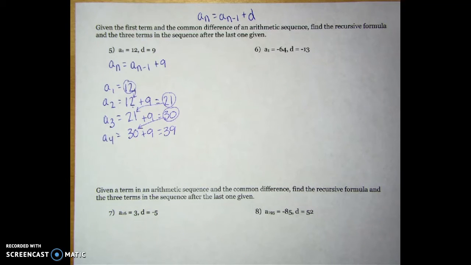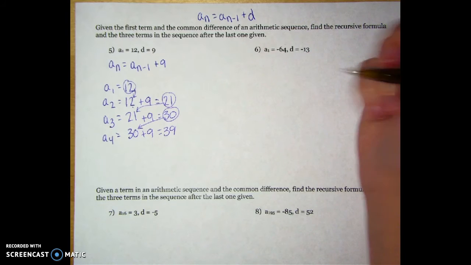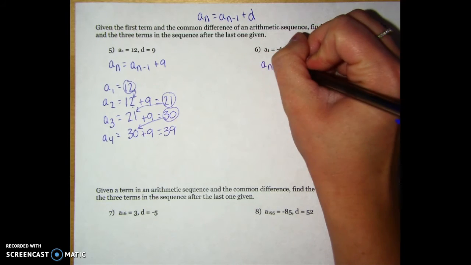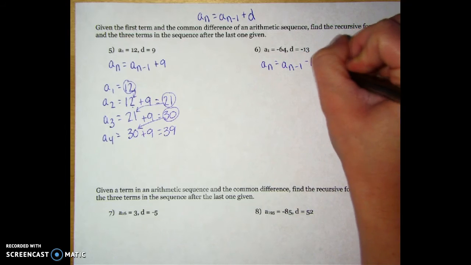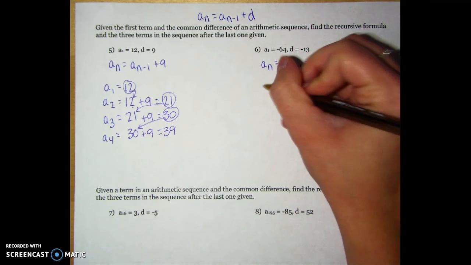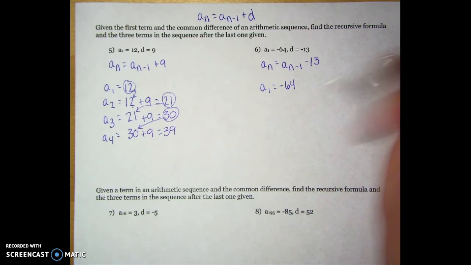Okay, you can go ahead and pause it now and try number 6 on your own. Hopefully, it's not too bad. Okay, the formula for this one should have been a sub n equals a sub n minus 1 minus 13. A sub 1 we know is negative 64.